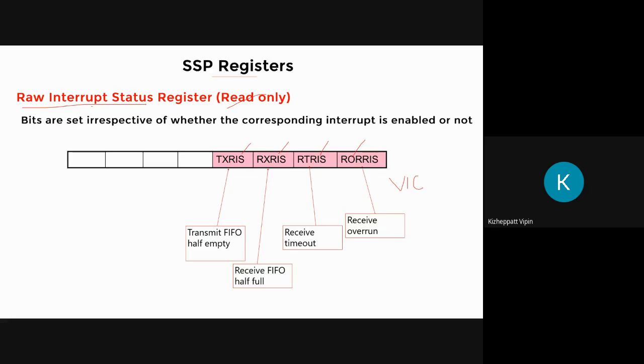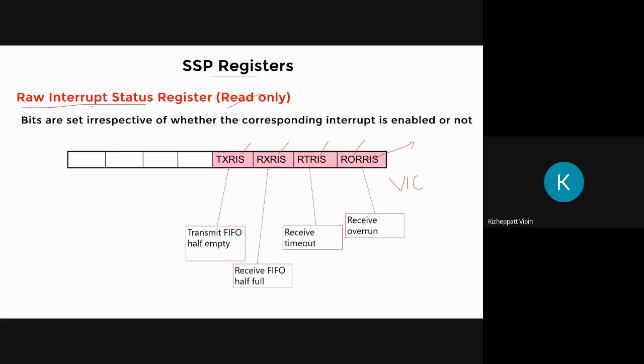Of course you have to enable it if you want to go to an ISR, but even if you haven't enabled it, the corresponding bit in the raw interrupt register will be set. Do you remember this when we discussed? Yes, sir. Same concept.